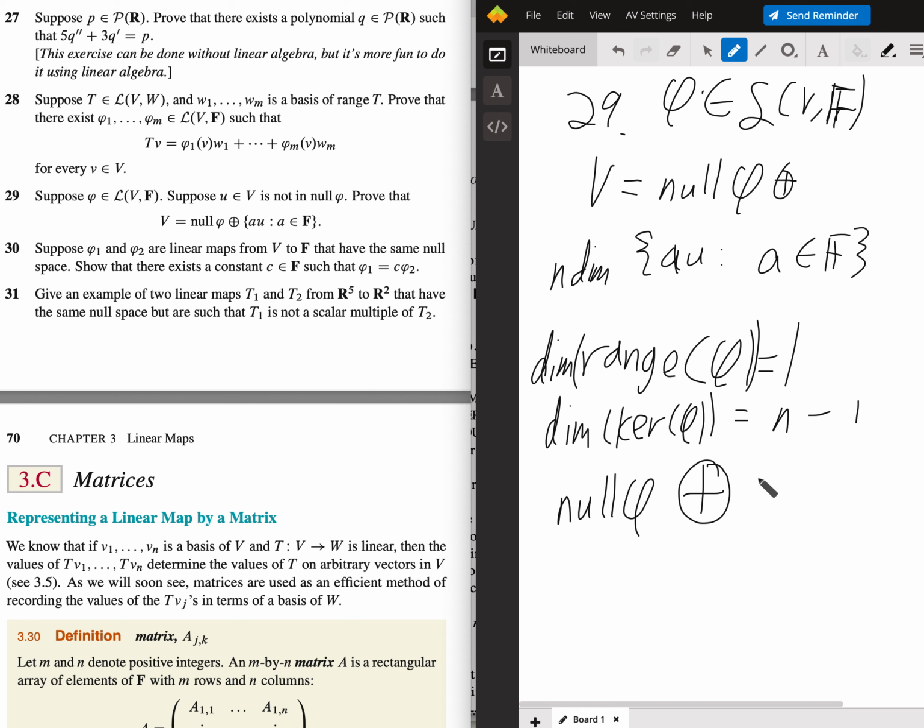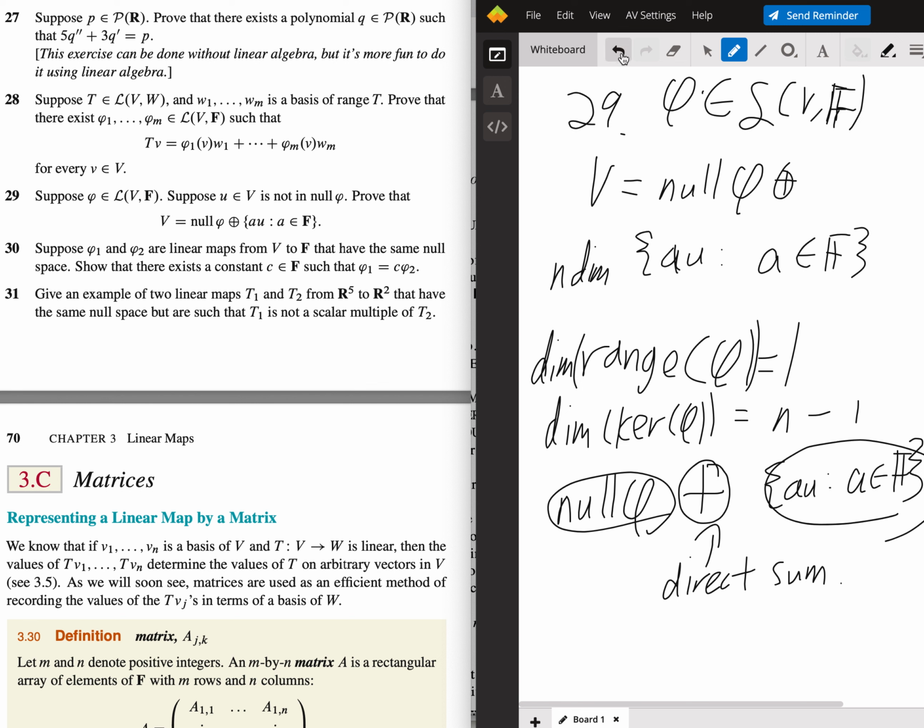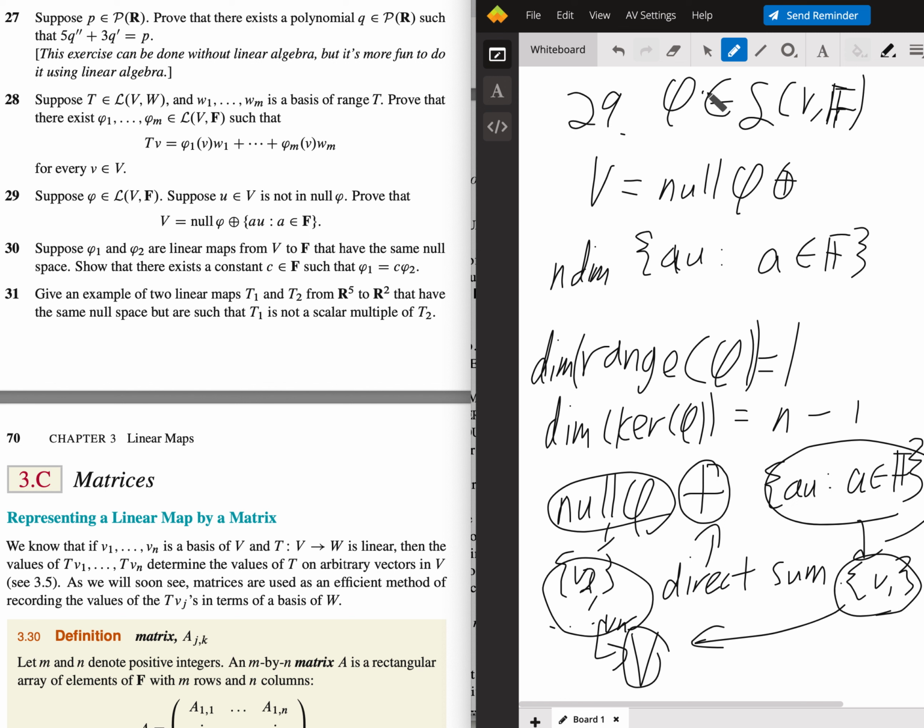I betrayed the fact that I'm more of a computer science major than a math major. Let's call it direct sum, right? So we can perform a direct sum among those two spaces, which will then form all of V, because the vector which forms the basis of the null space and the vector which forms the basis of the other part, these two combined do form a basis of V. So that's why the direct sum of those two is V itself.